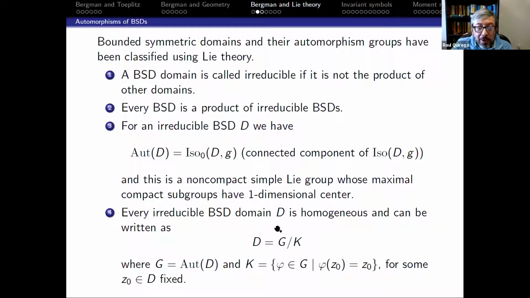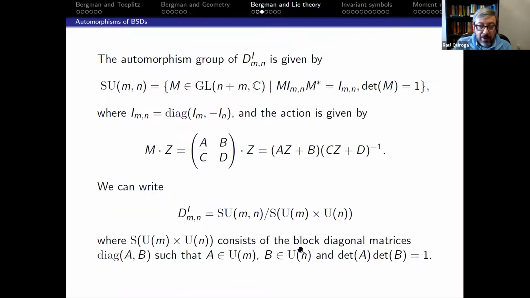For most of the talk, I'm going to assume that D is centered at the origin, a circle around the origin. It contains the origin, and I'm going to take K to be the isotropy group of the origin. So have in mind this picture. This is very important. I'm going to use again and again that D is G mod K.